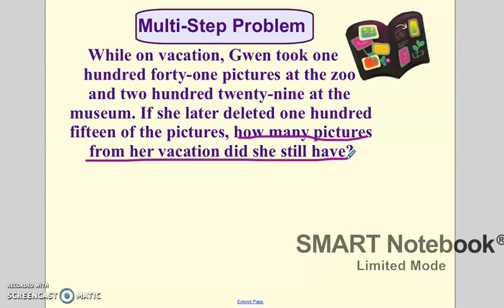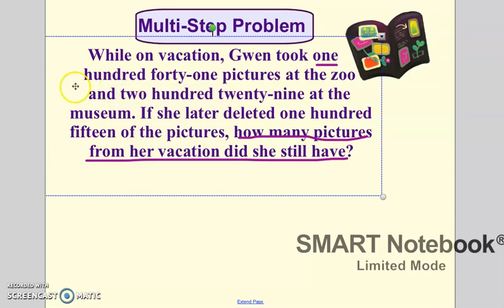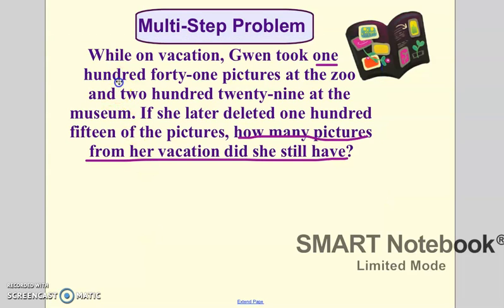Good job, guys. Next, let's highlight our numbers we're going to be using for the first part of our problem. Well, Gwen took 141 pictures at the zoo. And next, she took 229 at the museum.